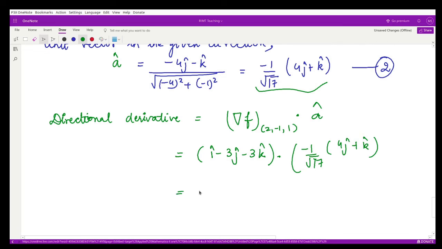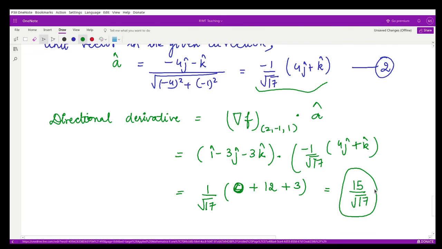Okay, so this becomes equal to 1 by square root 17, and we have 0, right, because here there is no i, so 0 into 1 is 0, then plus minus 4 into minus 3, that is 12, and then minus 1 into minus 3, that is 3. So it is equal to 15 by square root 17. So this is the value of the directional derivative which we wanted to compute here.